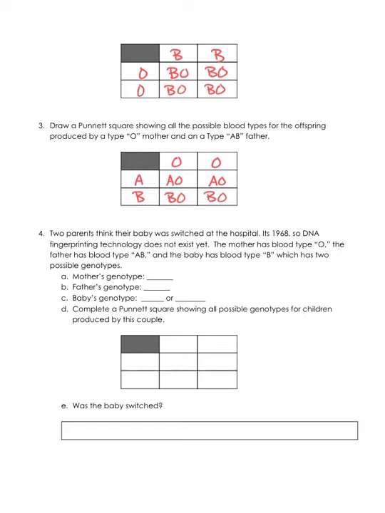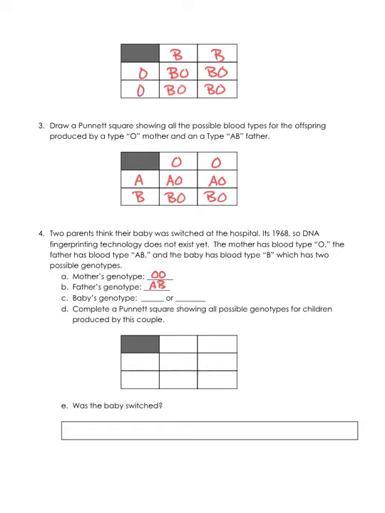Number 4 says 2 parents think their baby was switched at the hospital. It's 1968, so DNA fingerprinting technology does not exist yet. The mother has blood type O and the father has AB, and the baby has blood type B, which is 2 possible genotypes. So we know that the mother's genotype is OO, and we know that the baby has type B, but we don't know if they're heterozygous or homozygous. And we know that the father is AB.